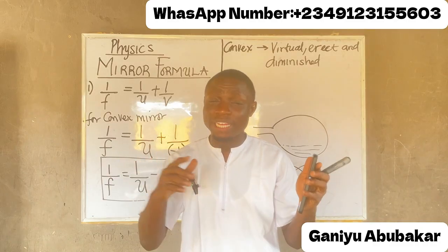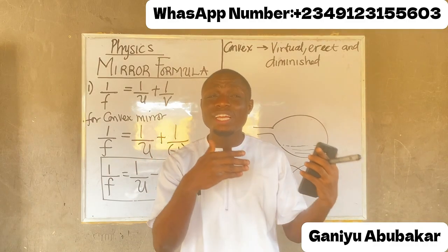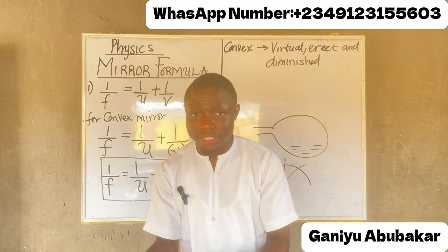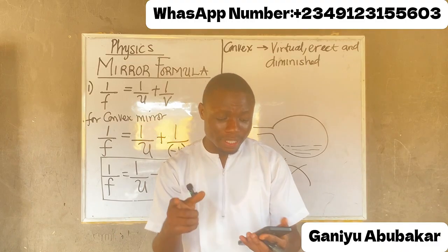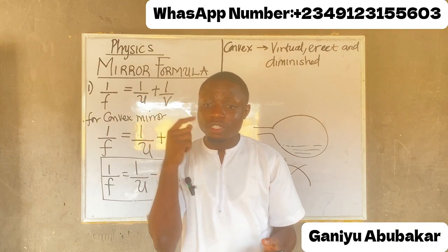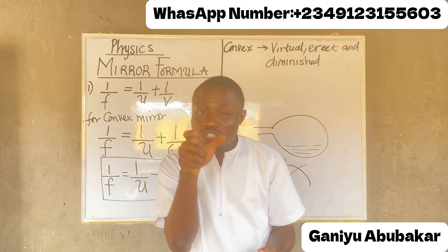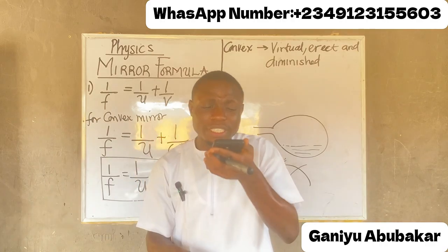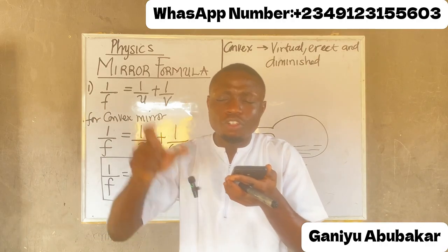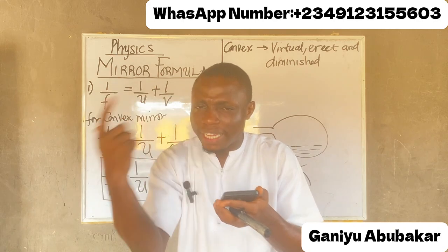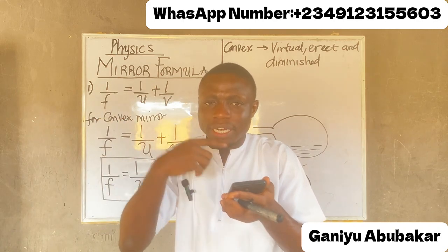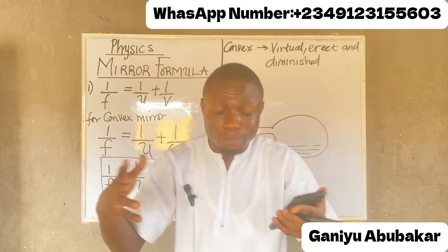What I give you now is a concave lens, because a concave lens, as I said earlier, solves the problem of short-sightedness. So those that have short-sightedness have to use a glass that makes things easier for them to see.